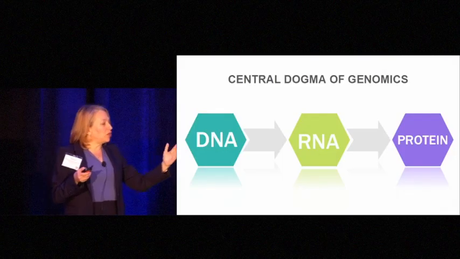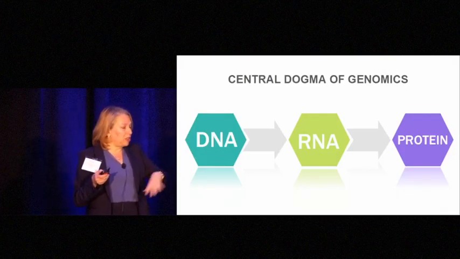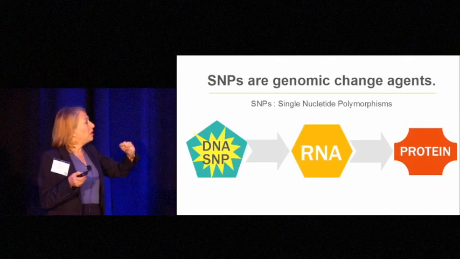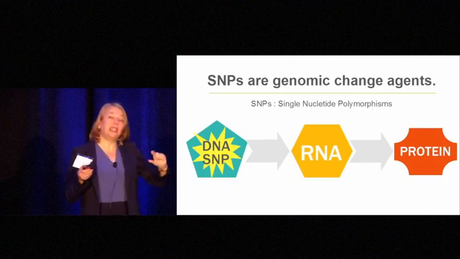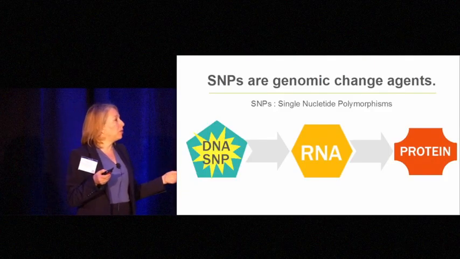So the central dogma of genomics is that DNA gets transcribed to mRNA, and the RNA gets translated to proteins, and that if you have a little change in the DNA, it may change that RNA sequence, which may change the protein expression.